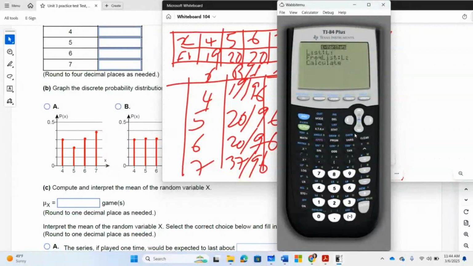So L1, L2, calculate. And from my answer, they told me to leave my answer to 1 decimal point. So the mean is 5.8. They also told me to find the standard deviation, and the standard deviation is 1.2.